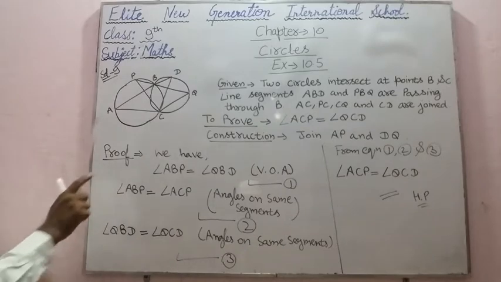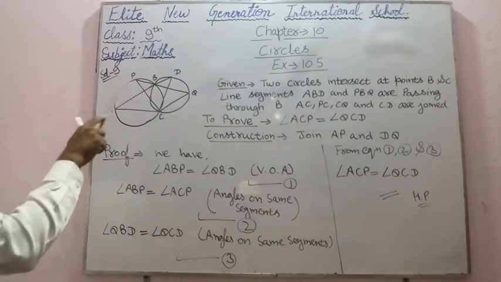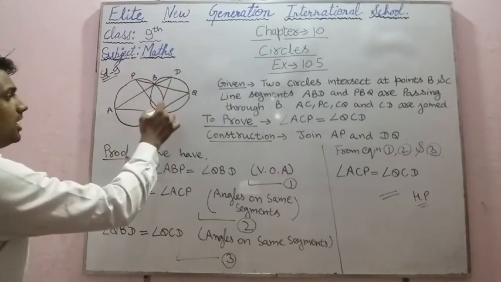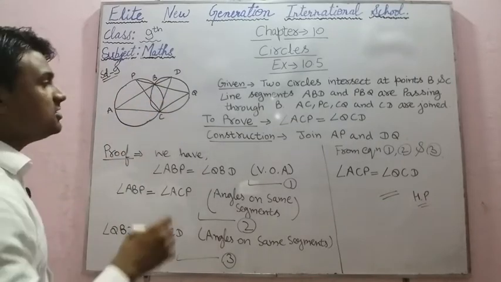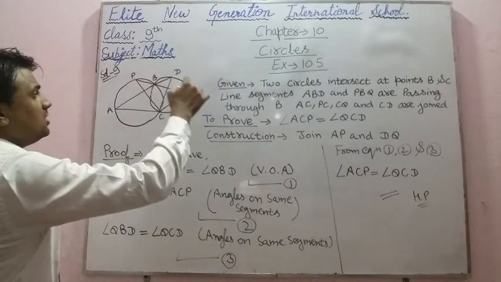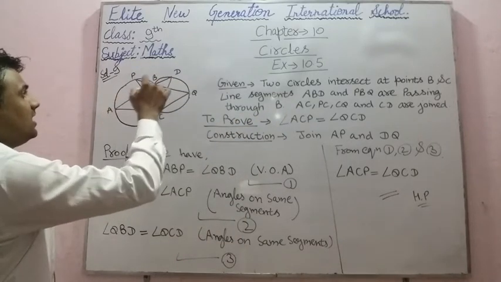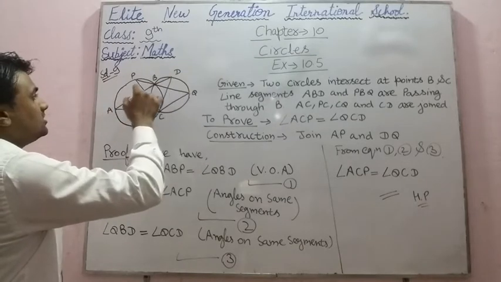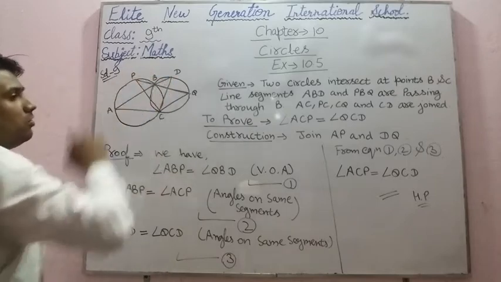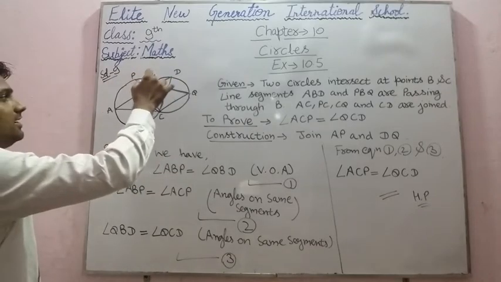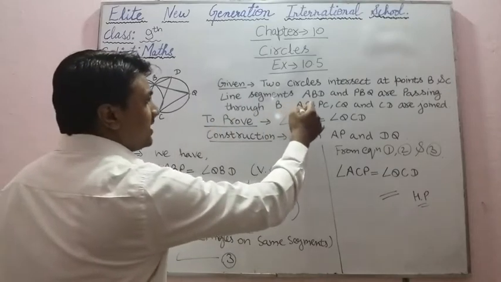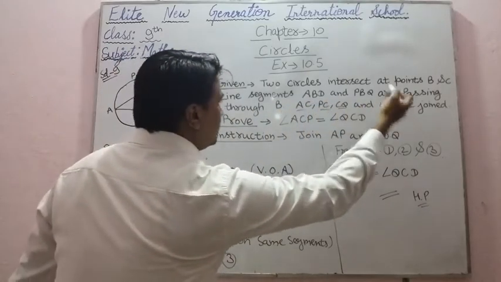In this diagram we are given two circles, and these two circles intersect at point B and point C. After this we have two line segments: one is PBQ and one is ABD. These two line segments pass through point B, or we can say they intersect at point B. And AC, PC, CQ and CD are joined.